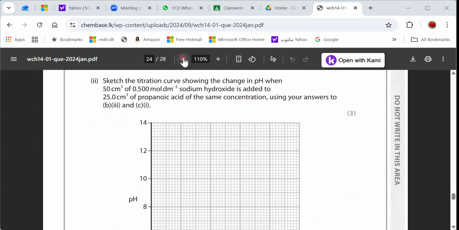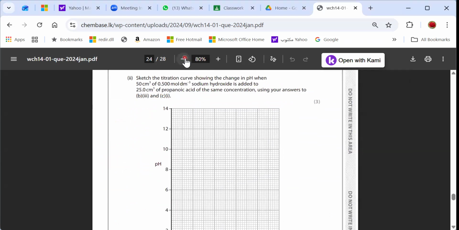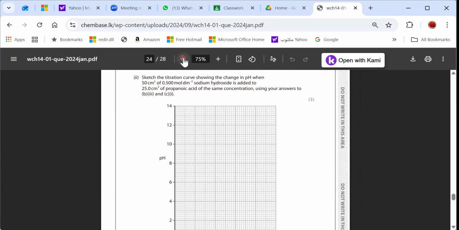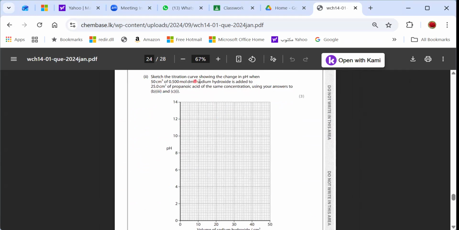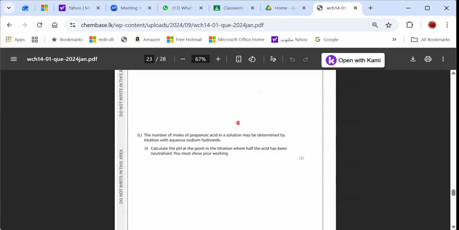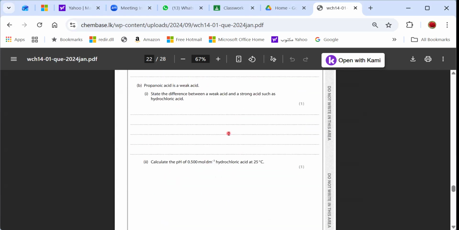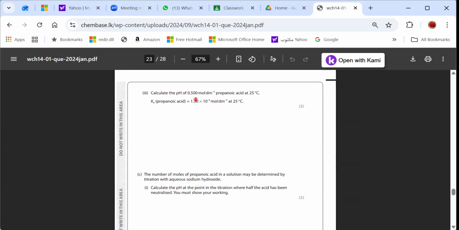They said sketch the titration curve showing the change in pH when 50 centimeter cube of 0.5 mole per decimeter cube sodium hydroxide is added to 25 centimeter cube of propanoic acid of the same concentration, using your answers to BIII and CI. In BIII, they wanted to calculate the pH of propanoic acid that we are going to start with.